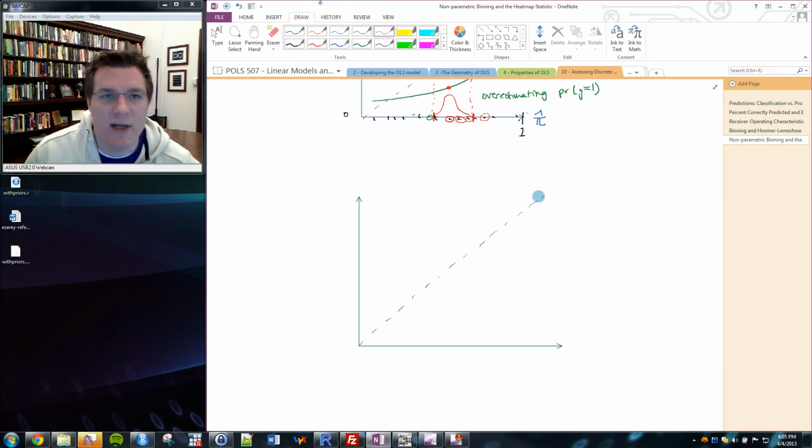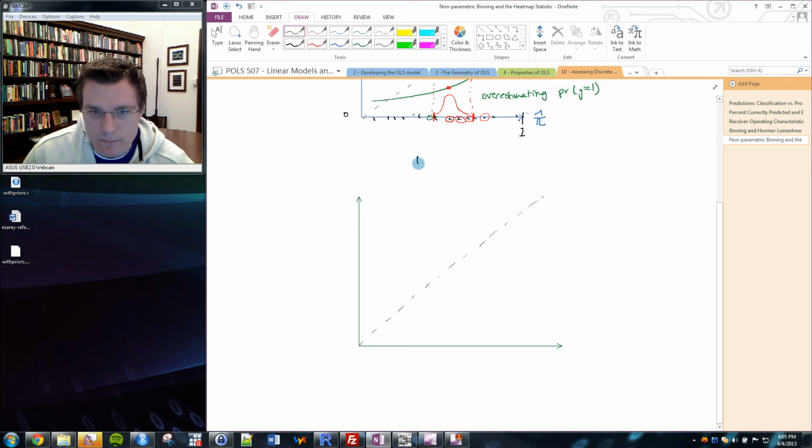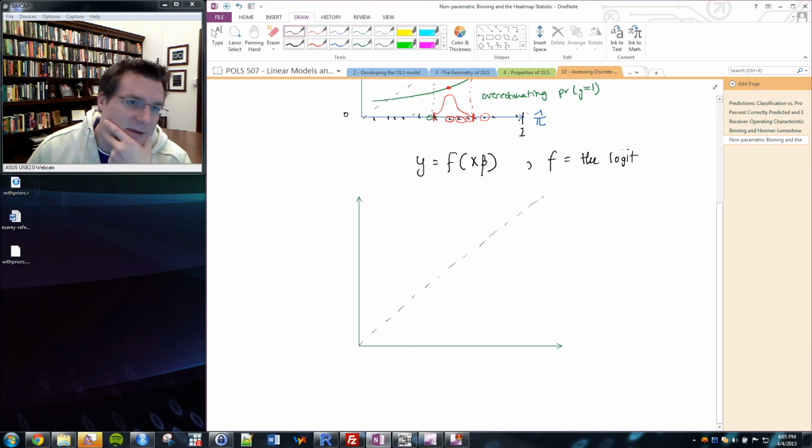So imagine I fit a model where F is like the logit or something. Even if I get this model exactly right, just because of sampling variation, I'm not going to get every probability prediction exactly right. So here's my fitted model.